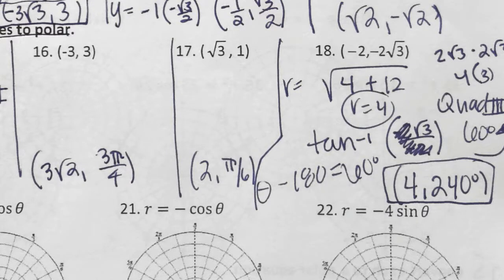Is negative 45 degrees also in quadrant 4, clockwise? So we could end up at negative 45 or it's the same as 315. Yeah, that's fine. So when you see 3 pi over 4, that's the same thing as it was. And that's in quadrant what? 2. Is this in quadrant 2? Very good.